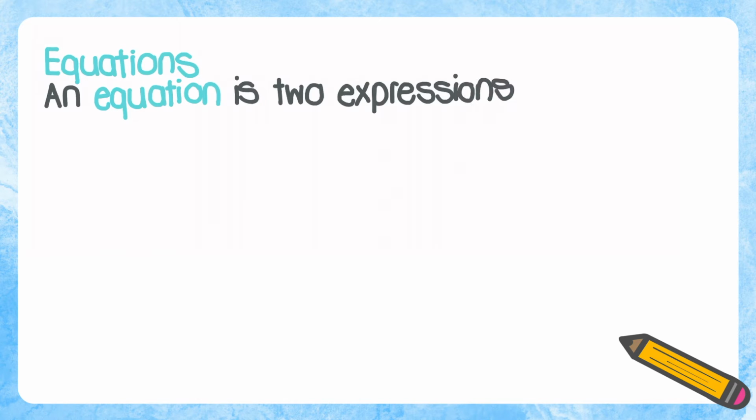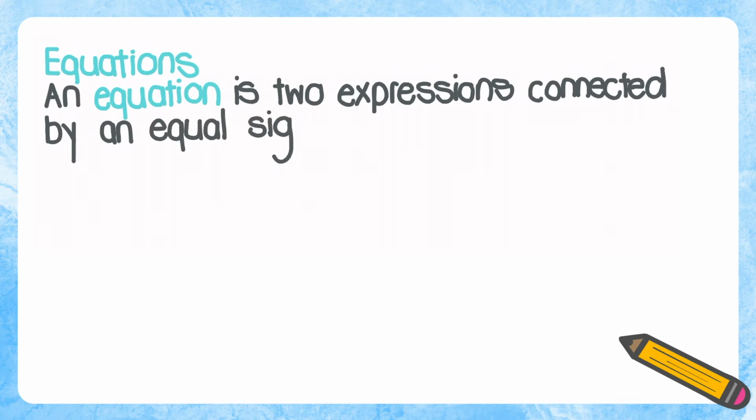An equation is two expressions connected by an equal sign. So basically, if you see an equal sign, it's an equation, whereas if there's no equal sign, at least for this point in class, it's just straight up an expression.